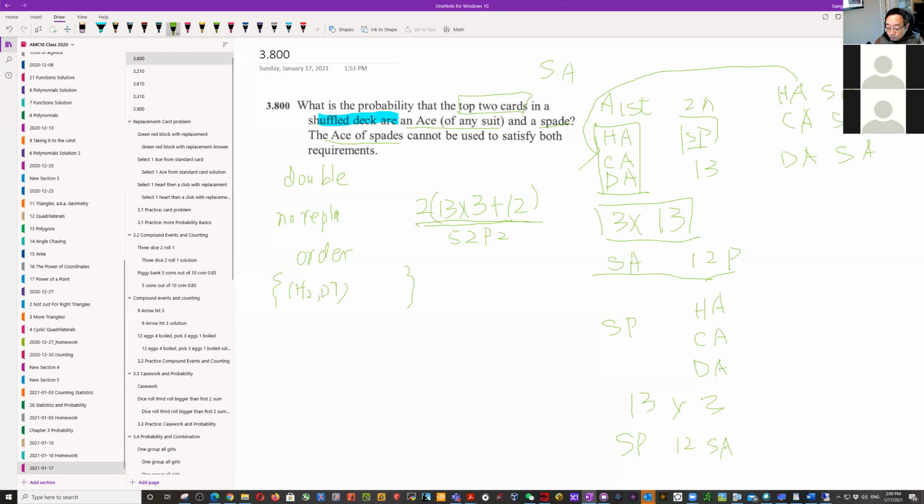The spade A cannot be used to satisfy both. This is the spade ace.